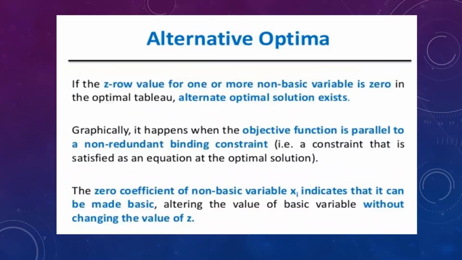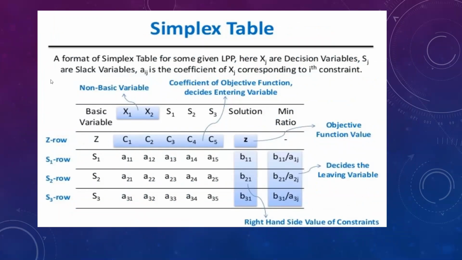Now, alternative optima: what is it? If the Z row value for one or more non-basic variables is 0 in the optimum table, then an alternate optimal solution exists. Here, if this is the Z row for any of the non-basic variables and the value comes 0, then the problem of alternate solution arises.